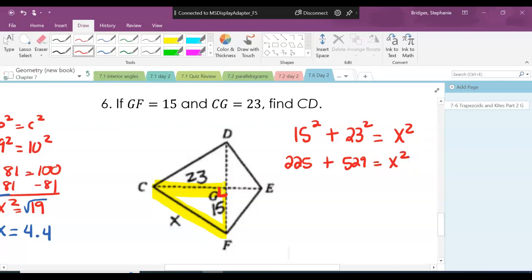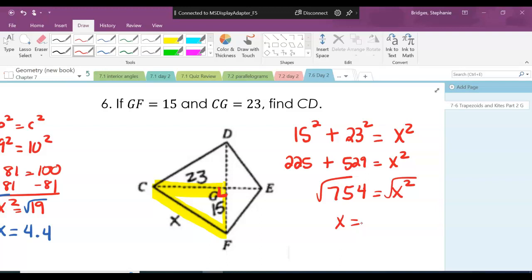And then I'm going to add those together. 225 plus 529 is... Okay. And then I'm going to need you to take the square root of that in your calculator. I don't think that's a perfect square, so round it to 1 decimal place. Second, x squared, 754.